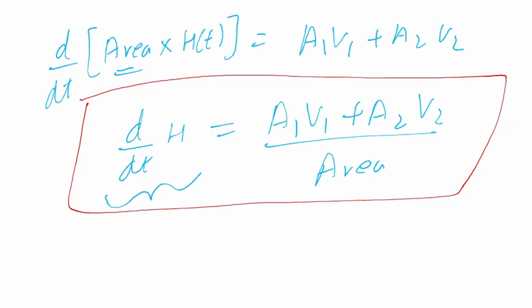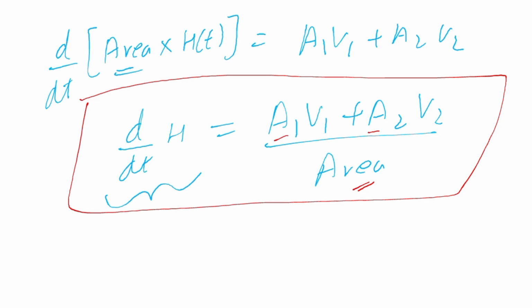In this case, the area of the tank was comparable to A1 and A2, so the rate of change of H is quantifiable, something tangible. But now say you have an inlet coming in, or an outlet, but the area is no longer a tank, it's like a lake or the reservoir of a hydroelectric plant. Or it's just a massive lake.